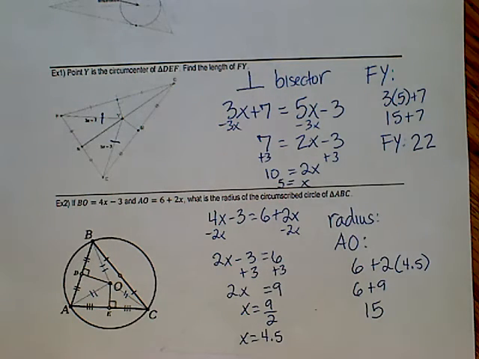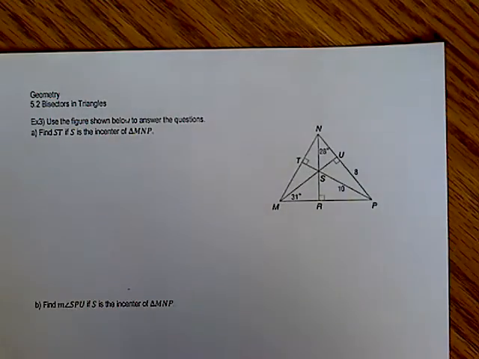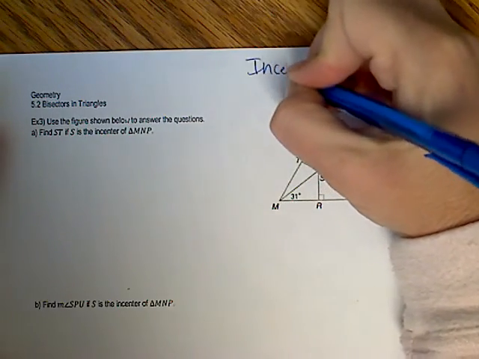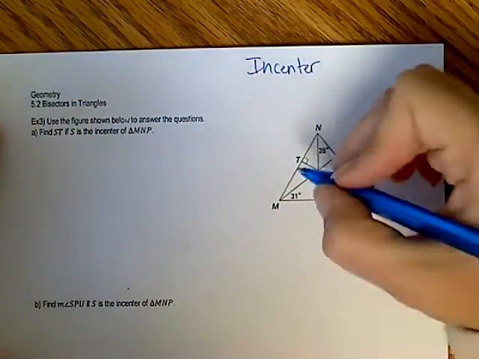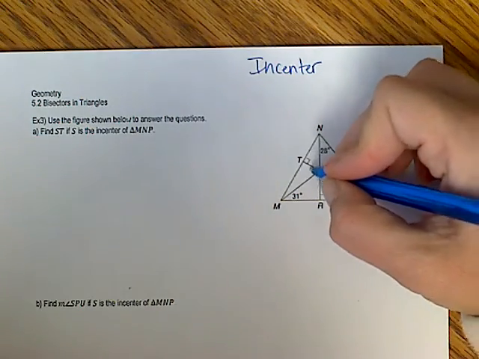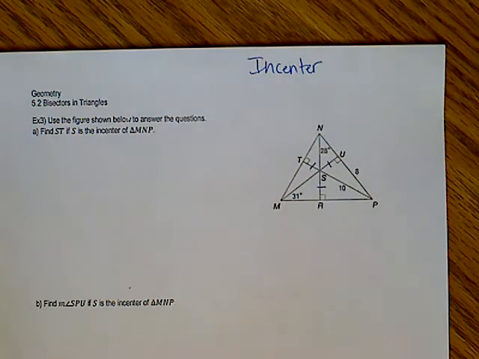Now I'm switching gears and I'm going to have you look at this, which is like the incenter. And these are congruent. They might not look it, but they are. And the angles are bisected.